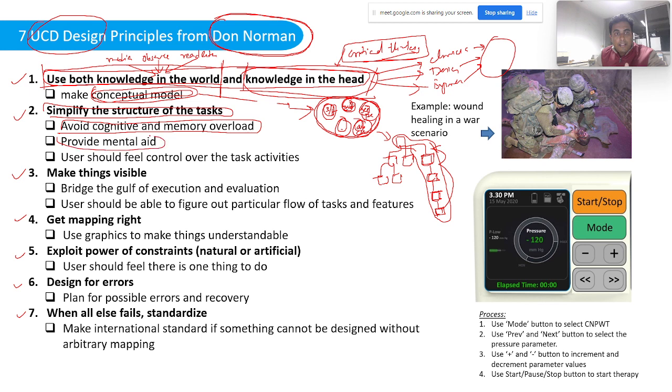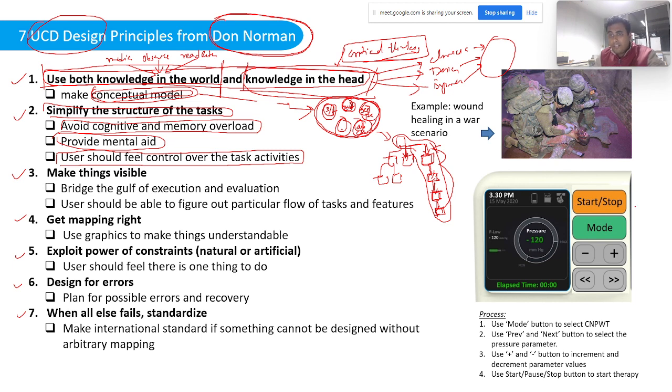Provide mental aid. Try to design or structure the task in such a way that you provide some sort of help or mental aid, so that it's easy for the user to avoid that mental processing. Similarly, when you are designing the tasks or activities, always remember that the user should feel control over the tasks.